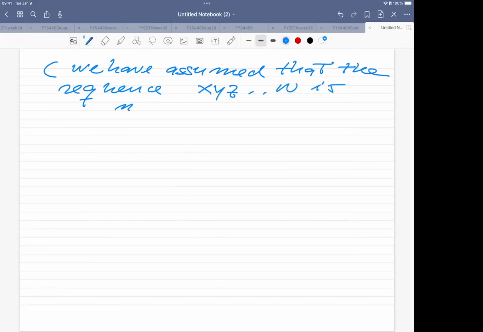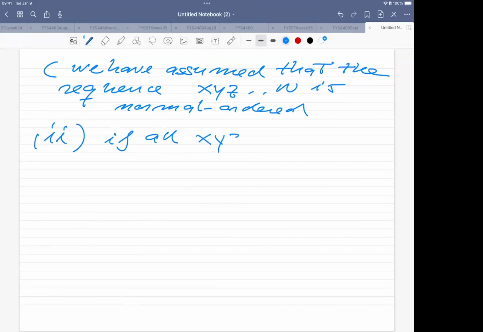Just keep that in mind. And we had that because we are using induction, and for n operators, it's proven, and then we need to prove it for n plus 1. So let's now look at the second case. That is if X, Y, Z to W, if they all are annihilation operators.